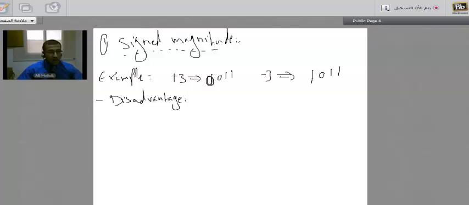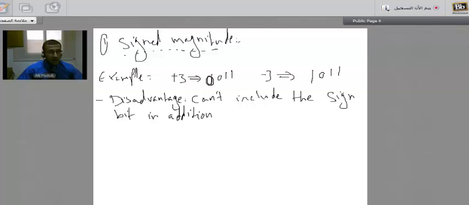The disadvantage of this method is that it can't include the sign bit in addition. I'll explain to you what I mean now. Okay, we cannot add the sign magnitude in addition.